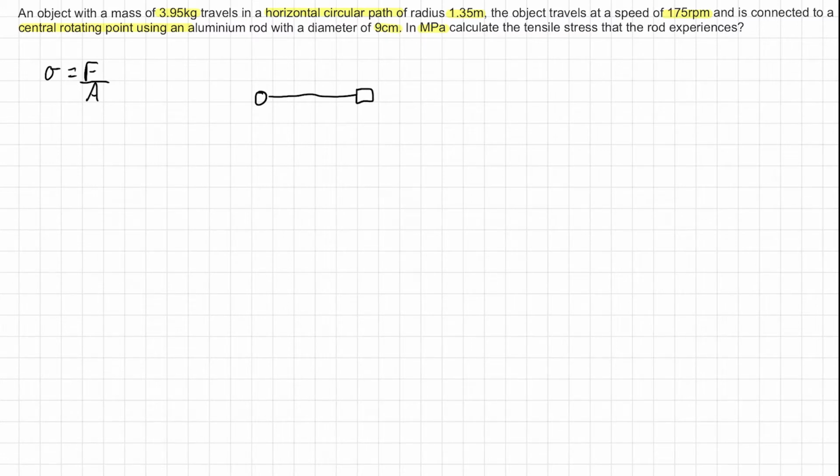Then we'll have a wire which is holding the mass, which is 3.95 kilograms. The radius, which is the radius of the path and not the radius of the rod, so it's 1.35 meters. And then we've obviously got the speed, which is 175 RPM.